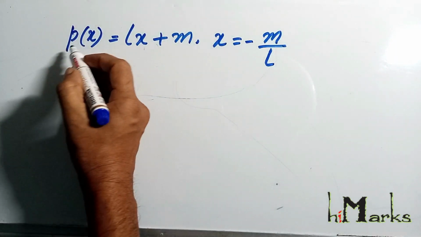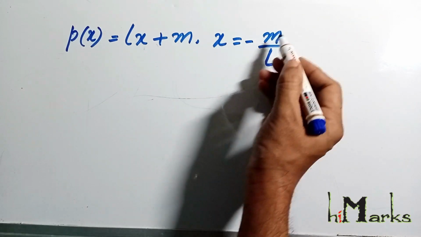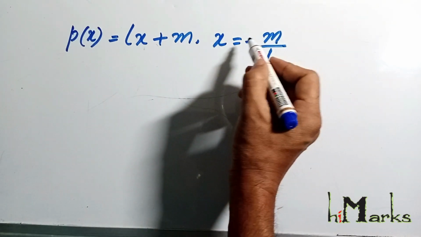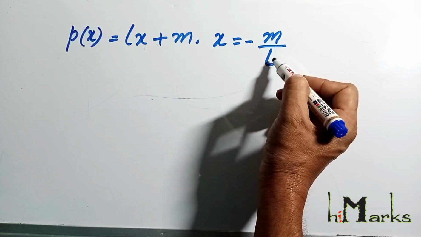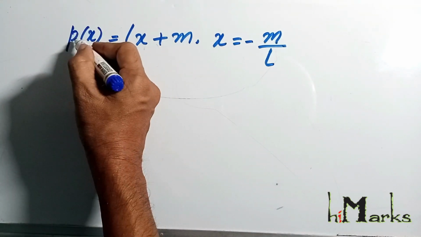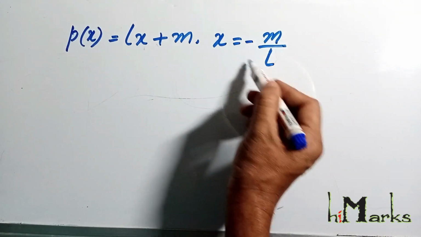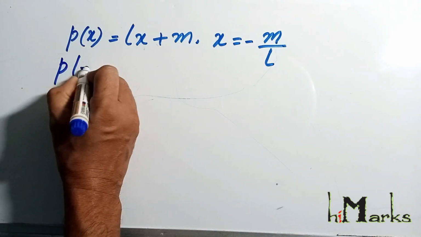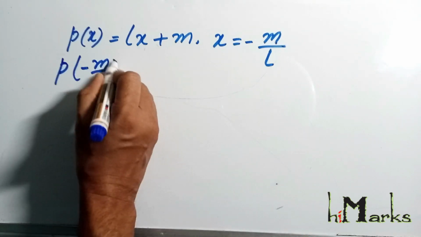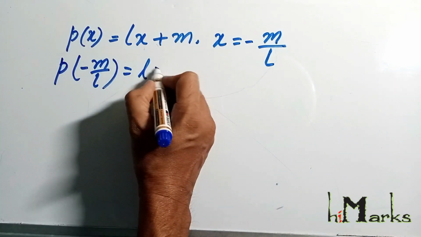So here p of x is lx plus m and x equal to minus m by l. That means it is asked to test at x equal to minus m by l what will be the value of this p of x, and if it is 0, that means this is called a zero of the polynomial. So let us replace it here.